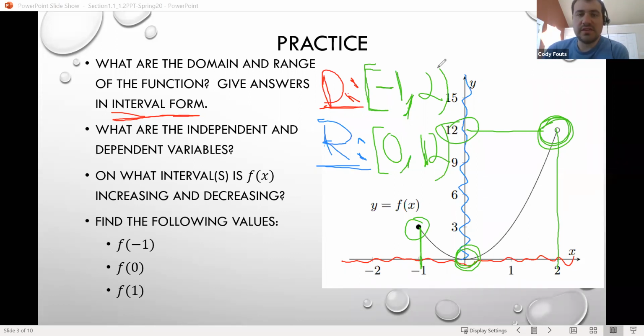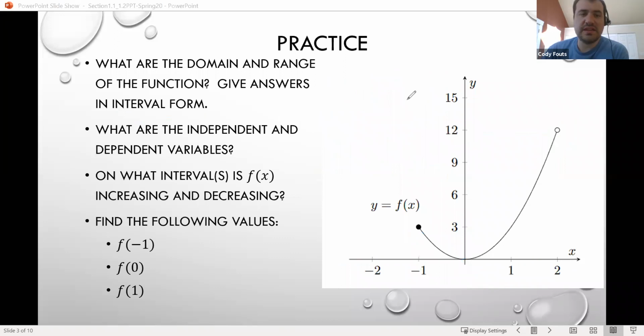All right, let's look now at these terms independent and dependent variables. So you notice these were terms that appeared on the last slide. And you also notice that on that question on the last slide, they were paired with the terms input and output. So independent and dependent have to do with inputs and outputs, and in fact, they sort of have to do with our domain and range as well.